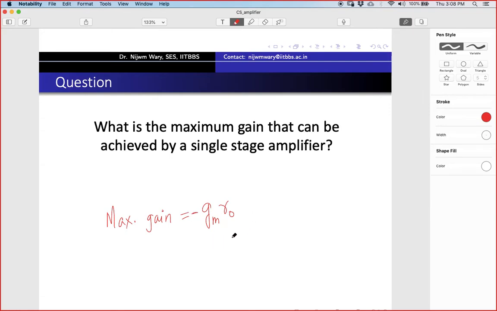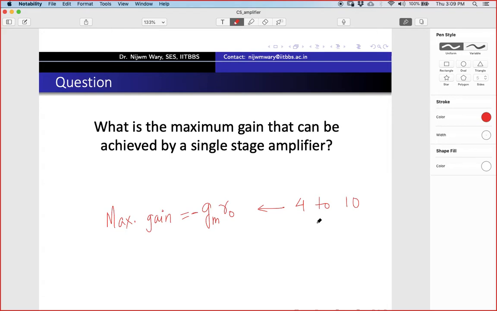Now in the current technology, when we are discussing 65 nanometer, this intrinsic gain is only 4 to 10. It is very scary, you know. If we are designing with a BJT, as in the introduction to electronics lab, you must have seen that getting a gain of 100 or 200 is so simple.